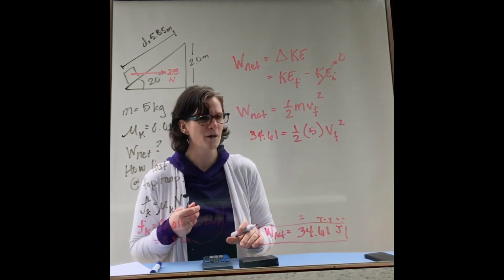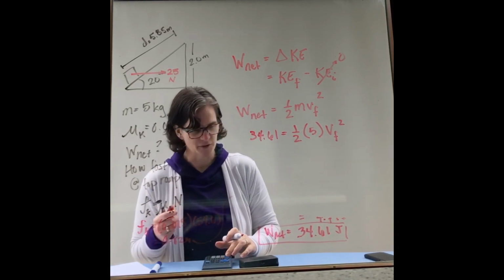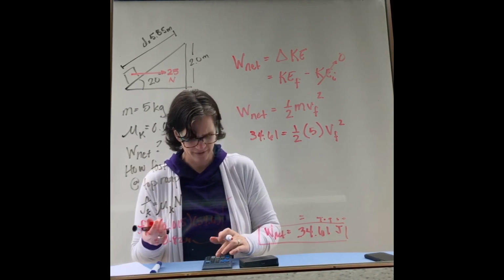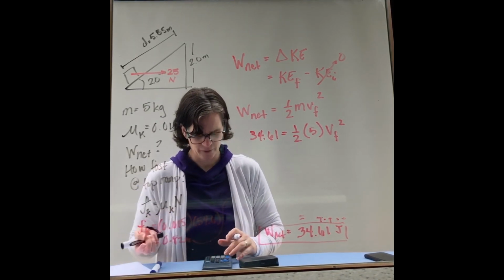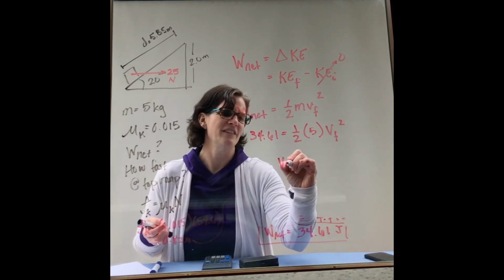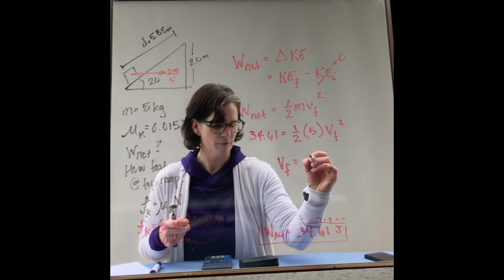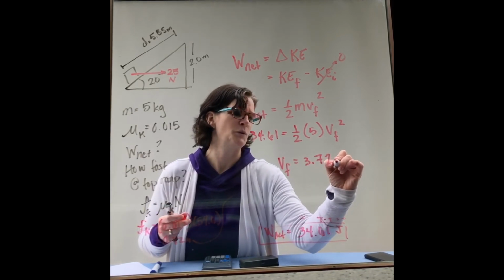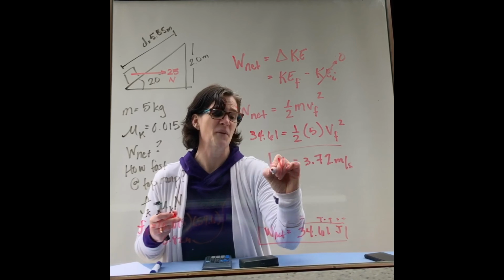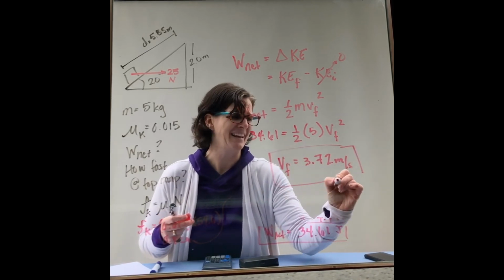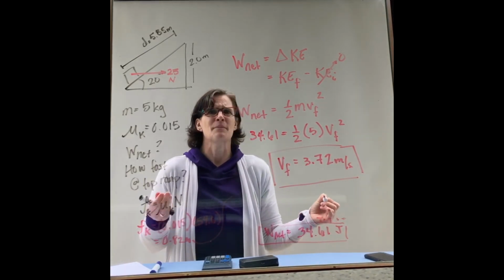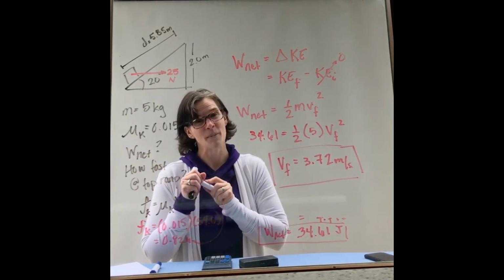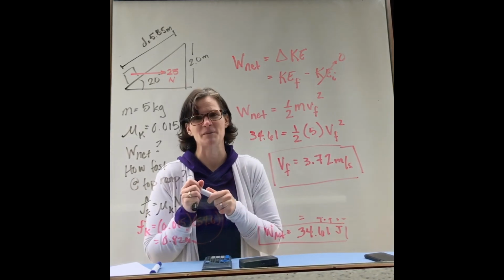So we're going to solve for V final, and so 34.61 times 2 divided by 5, and take the square root of that, and we have V final, the speed at the top of the ramp, is equal to 3.72 meters per second. So again, we could have done all that kinematics and all that force analysis, but work energy is a heck of a lot easier when determining some properties of an object's motion.